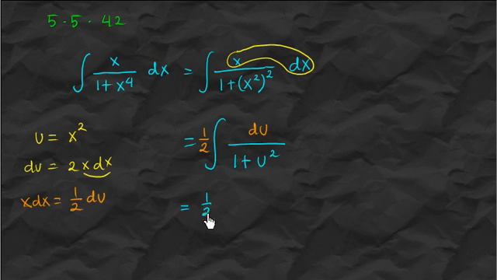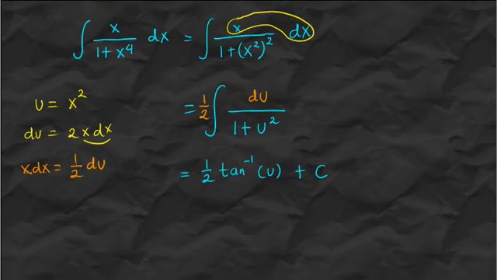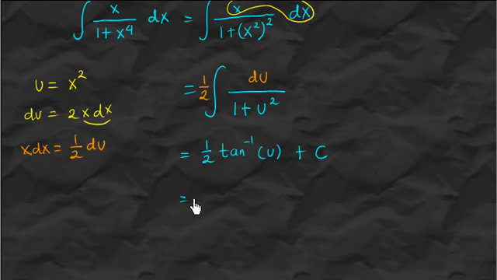So this is equal to half of tangent inverse of u plus a constant. We want the answer in terms of x, so put back u equals x squared: 1/2 tangent inverse of x squared plus a constant.